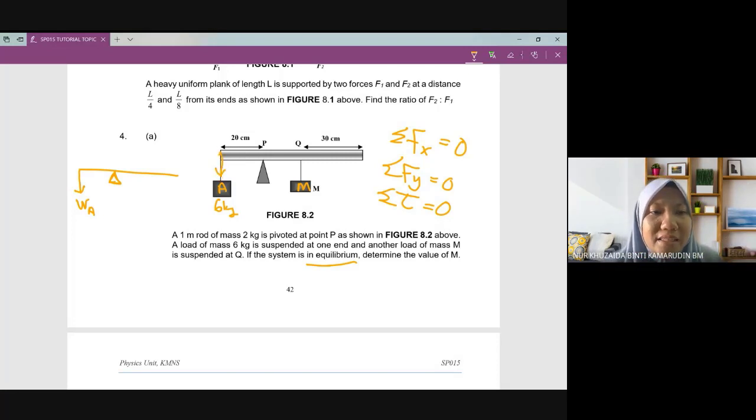But I just simply write WA over here because if we refer to the free body diagram of A, what we're gonna have is tension and then you have W. And then this system is equilibrium, it means summation of Fy equals to 0. So T minus W equals to 0, so tension is equals to the weight. Untuk memudahkan calculation saya terus tulis dekat sini the force acted over here is W. Jelas tak dekat situ?